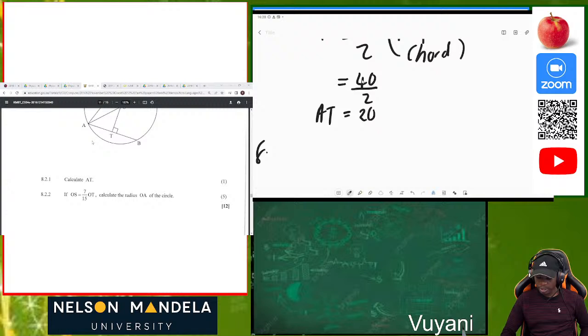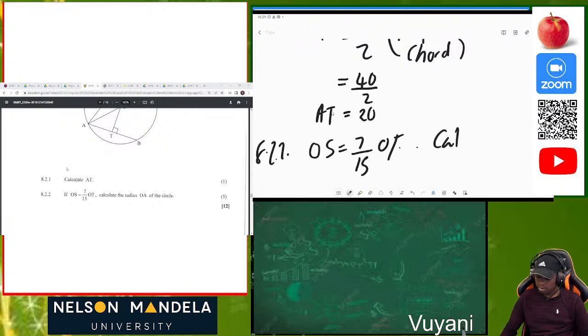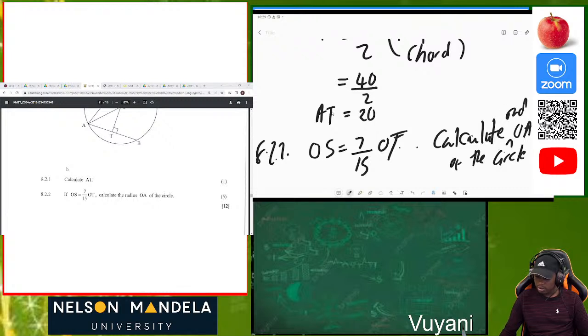Now let's go to 8.2.2. Now they say that if OS is equal to 7/15 OT, calculate OA of the circle, where OA is the radius.